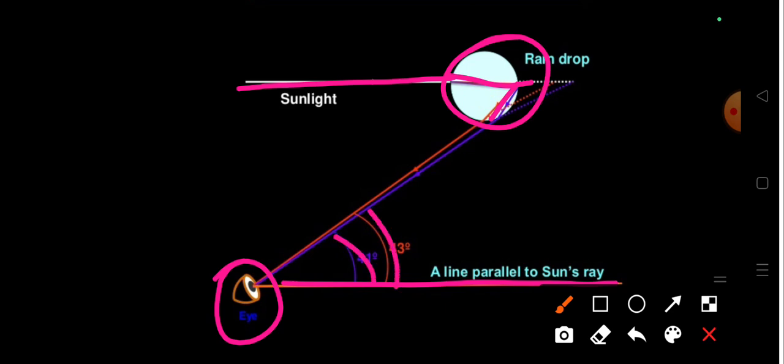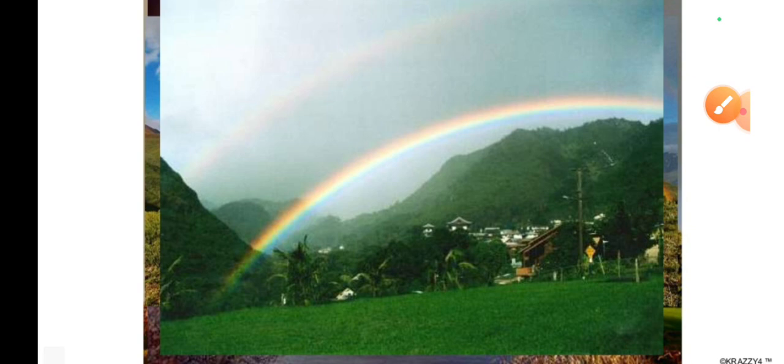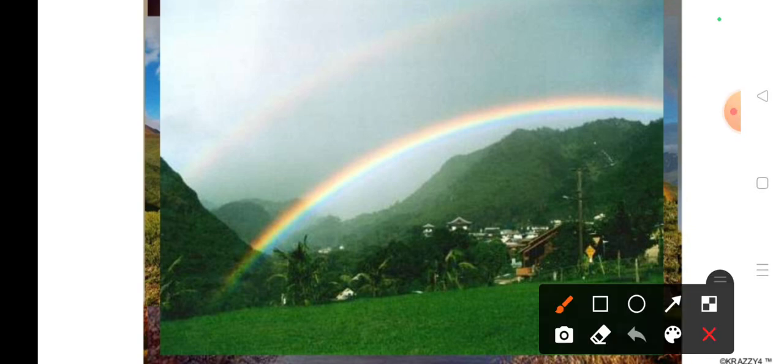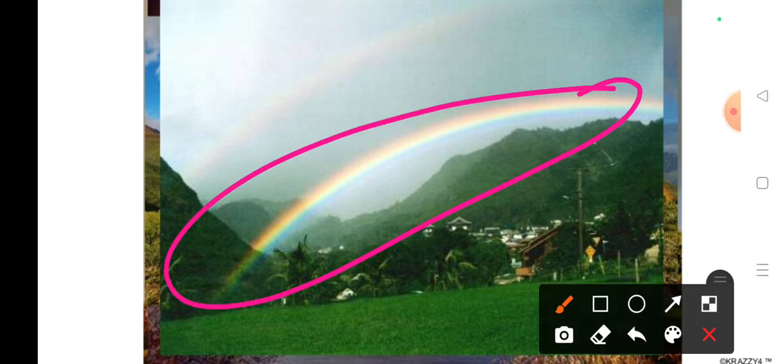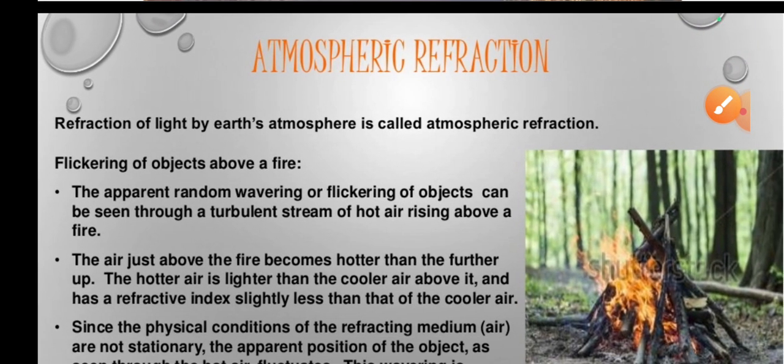At this angle, 41 degrees to 43 degrees, we are able to see the rainbow. Whatever rays are coming out, those are colored rays. Then see how the rainbow looks. Very nice picture. Nowadays we do not see rainbows because proper rain is not there.